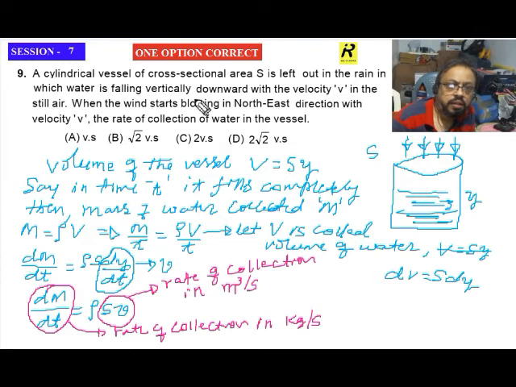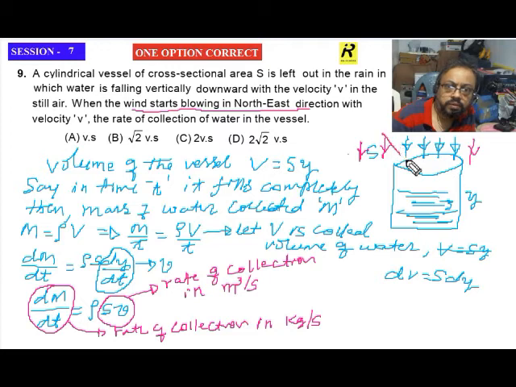Now what is said in the question? Wind starts blowing in some direction. It doesn't make any difference in whichever direction we choose the wind. See what happens. Rain is not only coming in this portion of the area. Rain is coming here, here, and everywhere in front. So when the wind blows in some direction, only the direction of the raindrops falling here will be shifted.